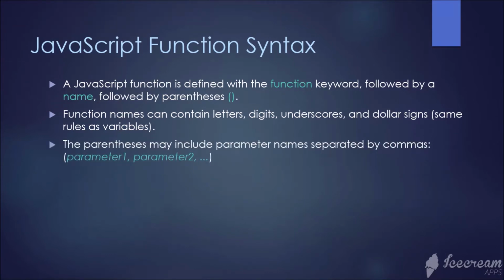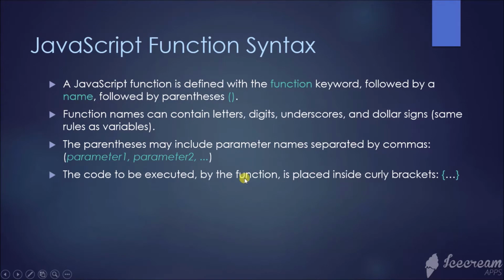The parentheses may include parameter names separated by commas. So basically, the parameter names are not fixed as parameter 1, parameter 2. It's up to you what name of the parameter you will put. Okay? So the code to be executed by the function is placed inside the curly brackets. Okay?